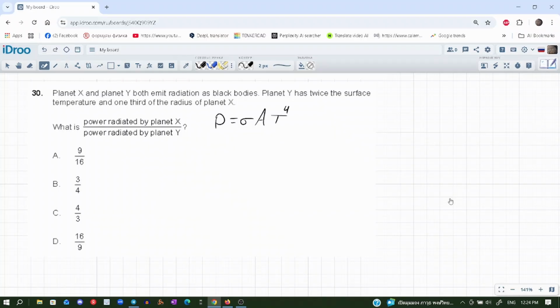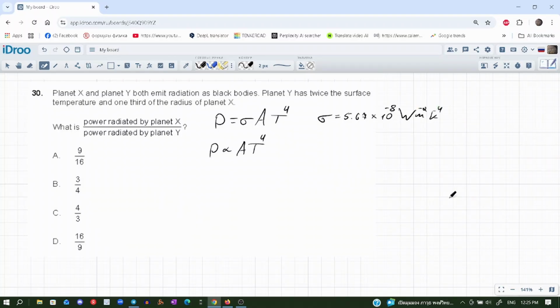So we can say that this power is proportional to area and temperature to the power of 4, because sigma is just a constant. Sigma, the Stefan-Boltzmann constant, equals, by the way, 5.67 times 10 to the power of minus 8 watt per meter squared per Kelvin to the power of 4.